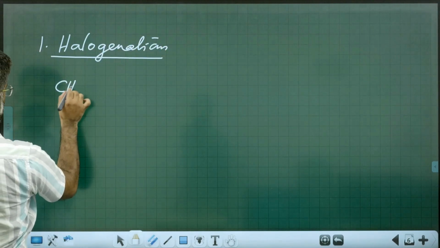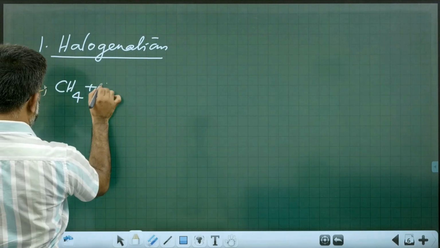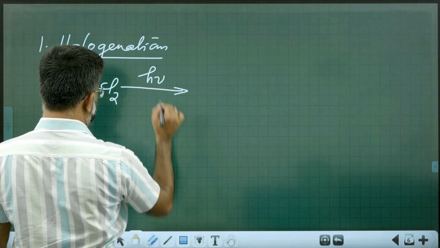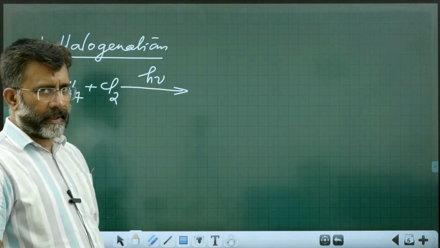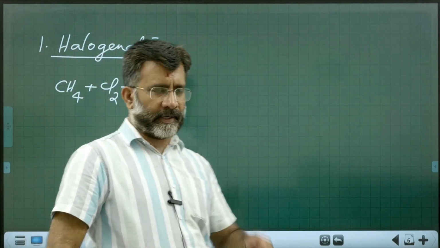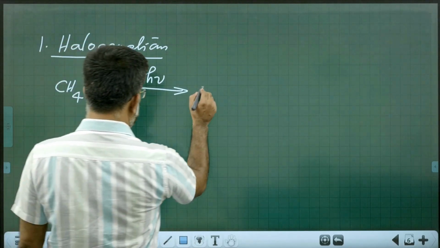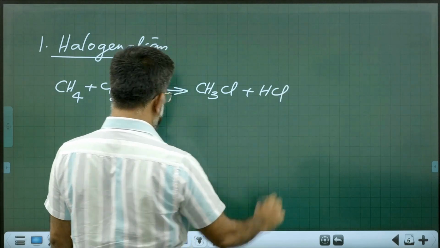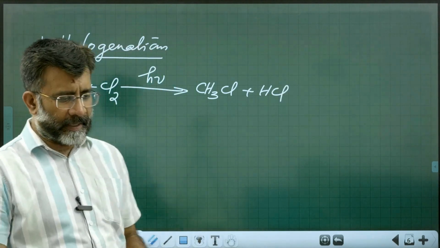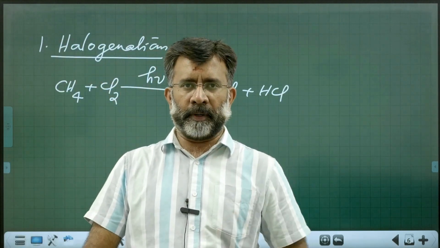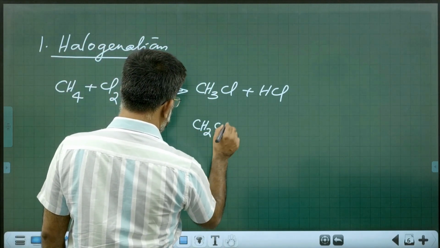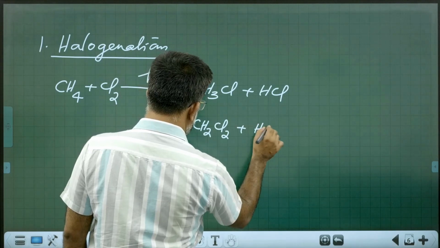If we take CH4, for example, when treated with chlorine in presence of light, there will be a free radical substitution reaction. You will get CH3Cl plus HCl. And the importance of the reaction is it can give you multiple products. You may also get CH2Cl2 upon continuous reaction.